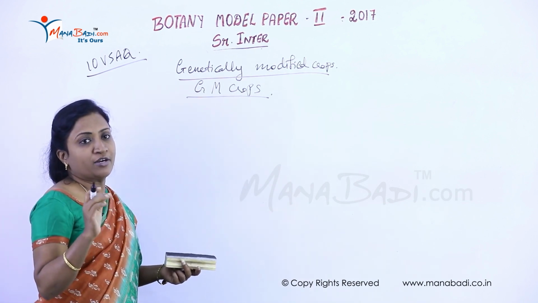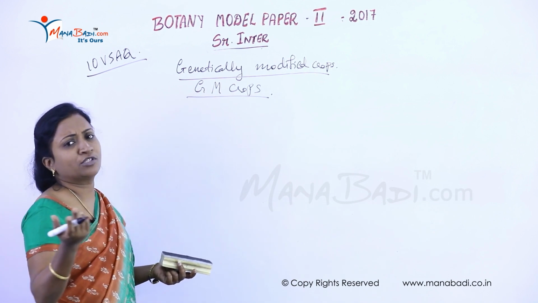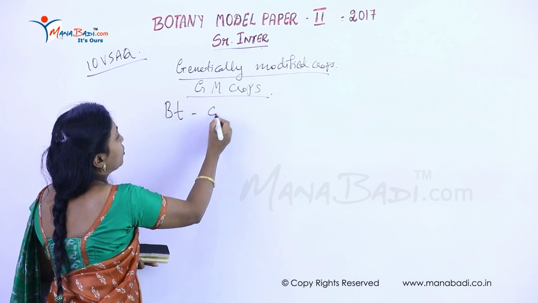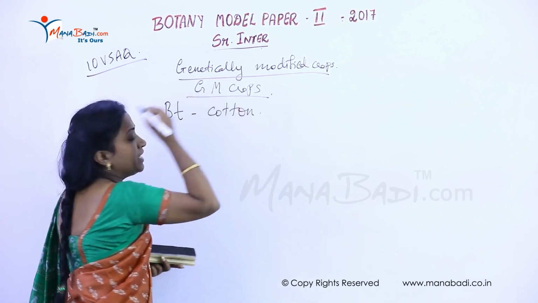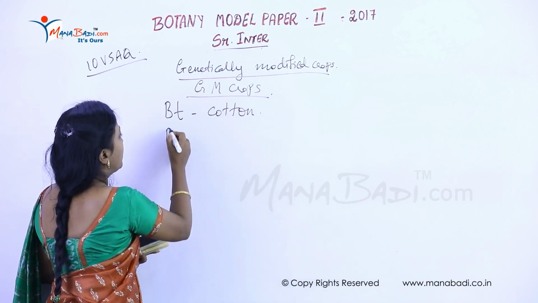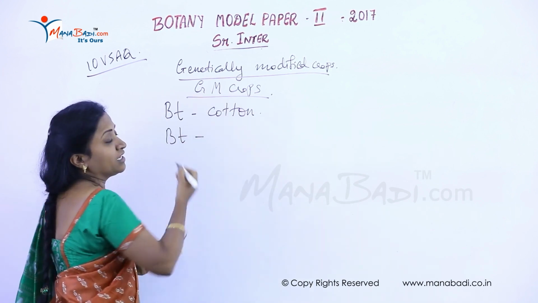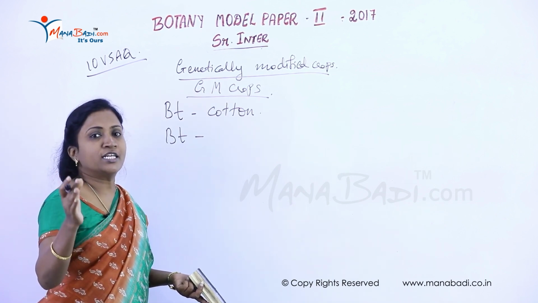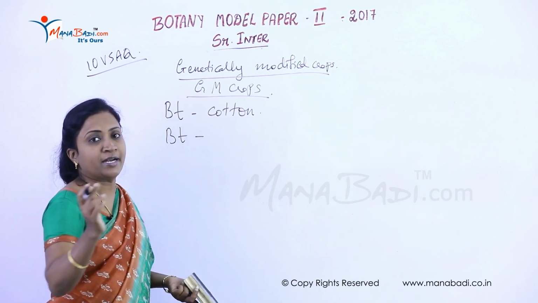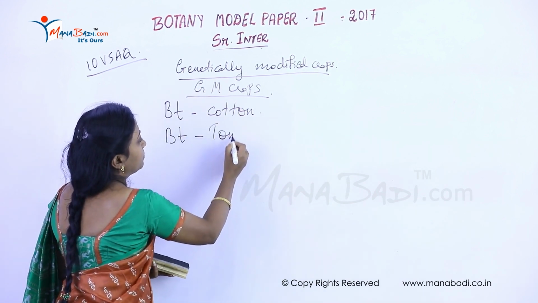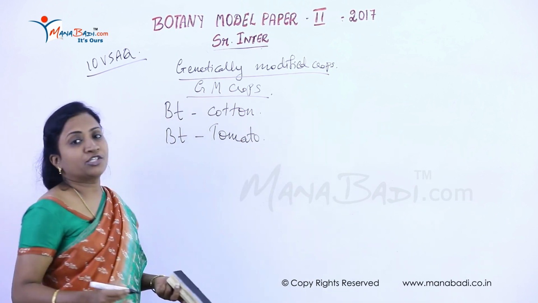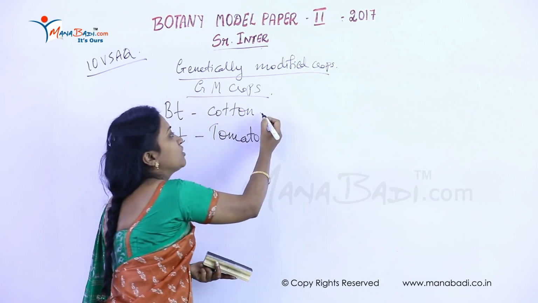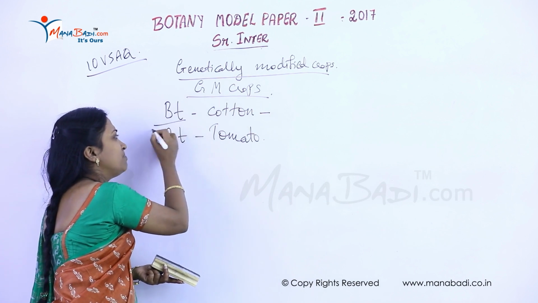We can give two examples of these genetically modified crops: BT cotton and BT tomato are the examples.